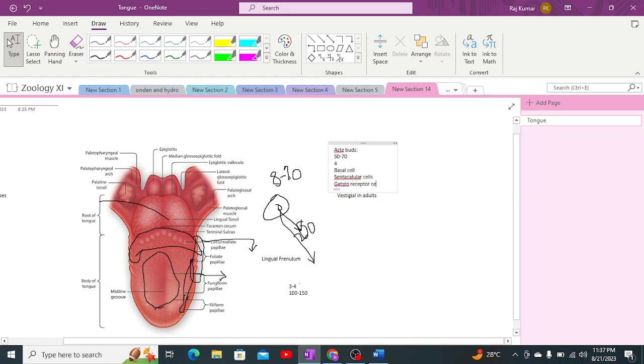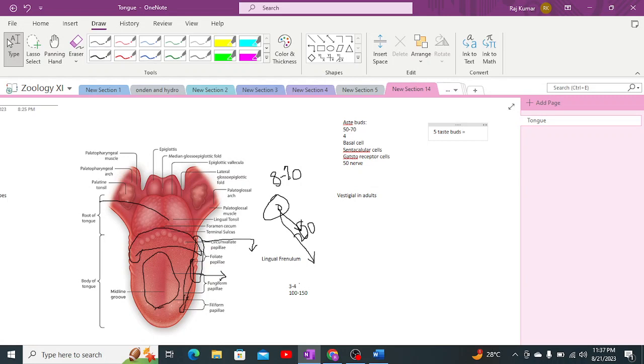These are cells which form the structure of the taste bud, and gustatory receptor cells basically have nerves. They have nerve fibers. How many nerve fibers? 50 nerve fibers. And each nerve fiber is connected to how many taste buds? It is connected to five taste buds. Five taste buds, one nerve fiber.